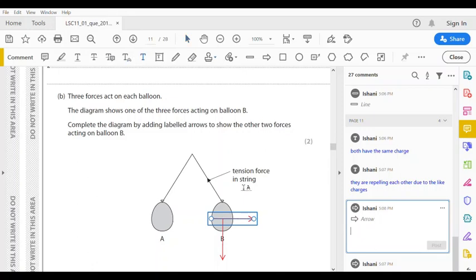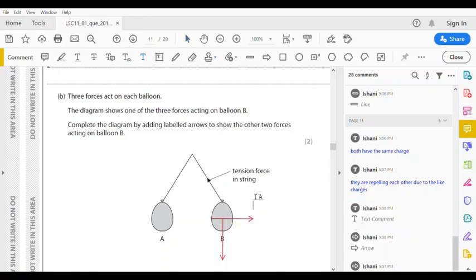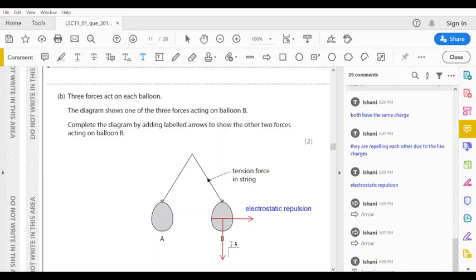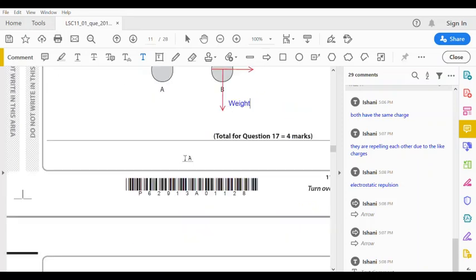I will name it, this should be electrostatic repulsion. Then downwards it should be weight. Upwards you have tension force in the string.